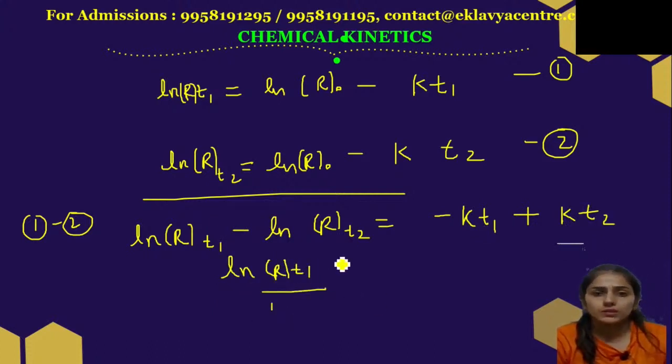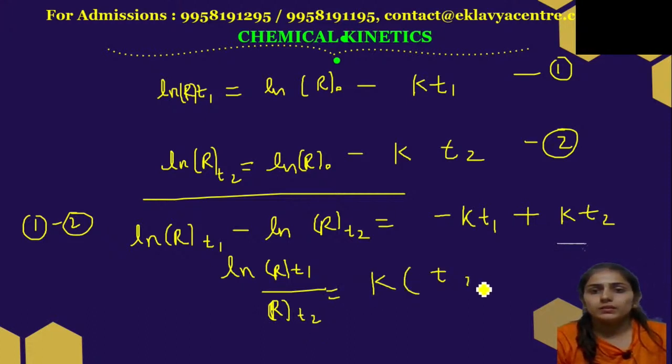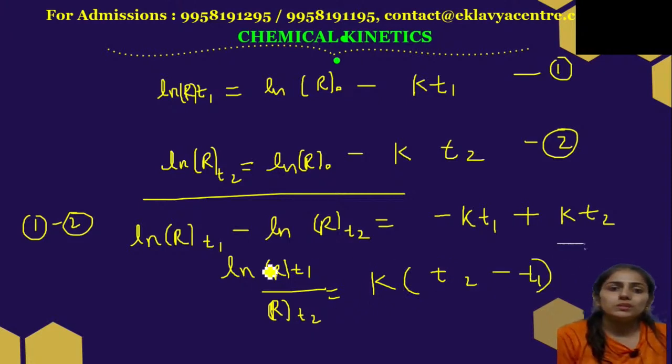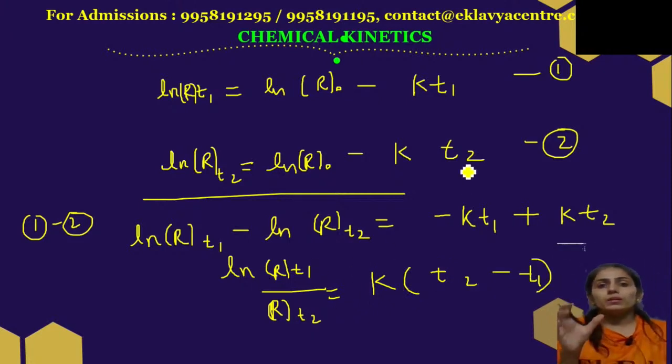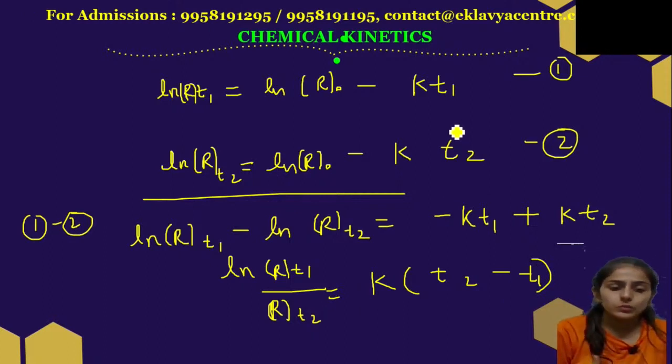You can simply convert this ln value into log also. I've told you how. Just multiply by 2.303, and this is K times t2 minus t1, simply by using this equation. No need to learn the equation, you just learn these methods, how to do this, right? Otherwise it becomes really confusing if you keep on learning all the equations.